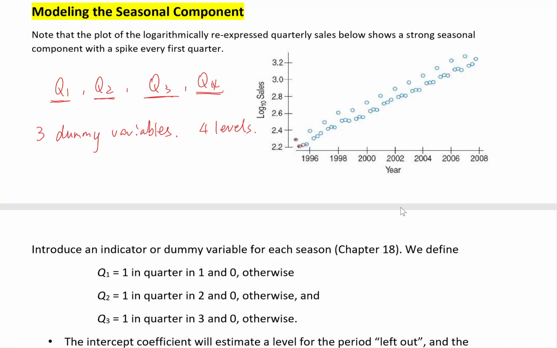If you want to set the dummy variable, this is your variable's name: Q1 equals 1 if it is in quarter 1, 0 otherwise.